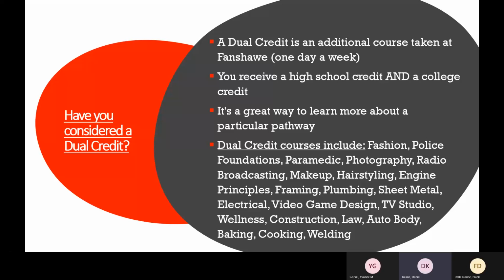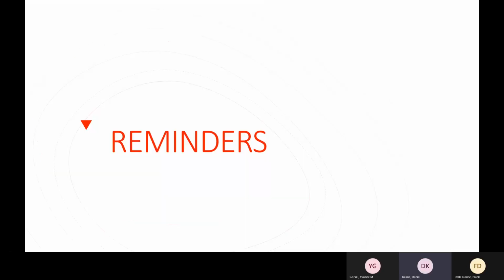You can see on this slide some of the possibilities: fashion, police foundations, video game design, auto body, cooking. If there is an interest of yours that we don't have to offer, there may be the opportunity to take it at Fanshawe. Again, check with your guidance counselor to see if this might apply to you.